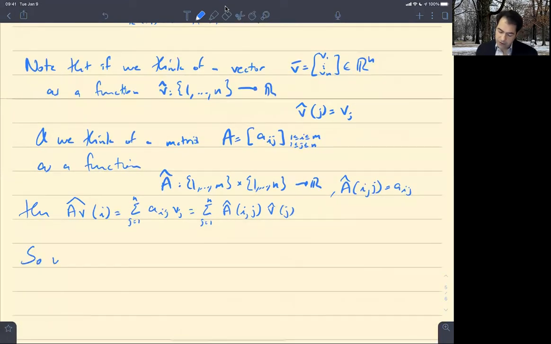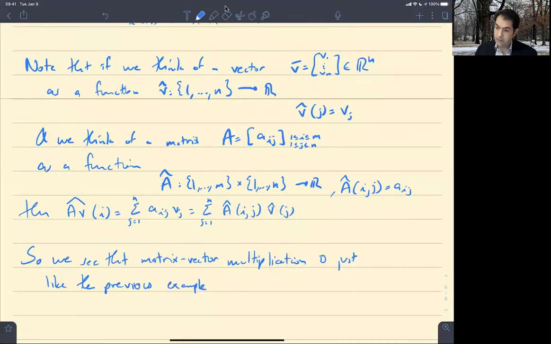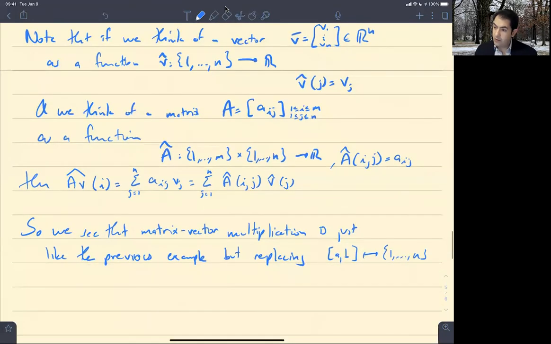So we see matrix vector multiplication is just like the previous example, but replacing the interval with the set 1 through n, and replacing the integral with the sum.